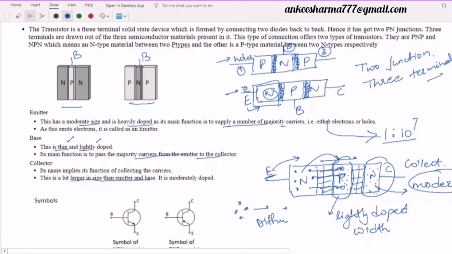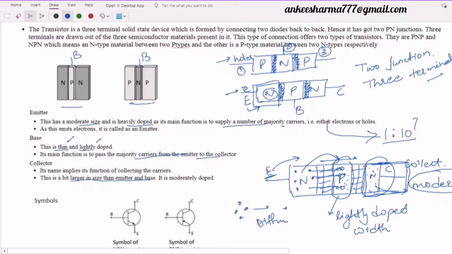As they are going to collect, whenever there is the collection of the electrons or the collection of the holes, there will be some dissipation of energy, or you can say heat will be produced. To dissipate that heat, otherwise it will get damaged because of the heat. You have already seen in the diodes also we have the minority carriers, that the more heat is produced, the more bonds keep breaking. So we have to overcome those minority carriers. So what we want is for this heat to be dissipated. So we have this collector region a bit larger in size in comparison to your emitter. Definitely base is very small in width, but if we compare with the emitter, these two are different.